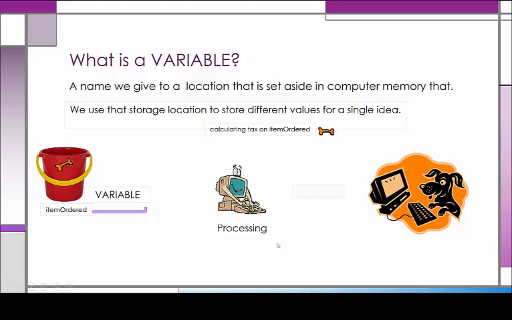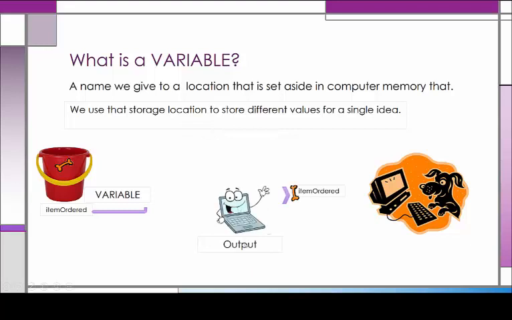So the computer then now has a value that's put into memory, and its next job is to process that information. And so in this case, this computer is trying to calculate the tax on the item that was ordered, which in this case, he looks in the bucket and he sees that's a bone, so that's going to calculate a certain tax rate. And then he calculates the total.